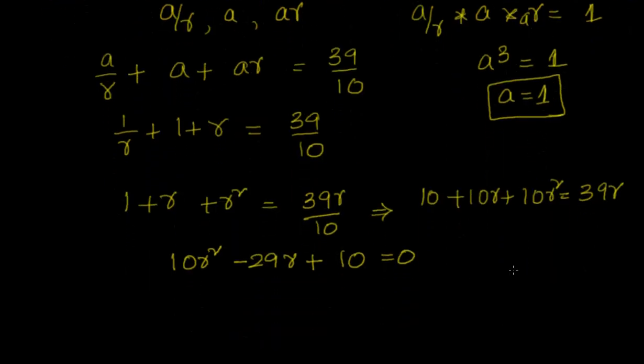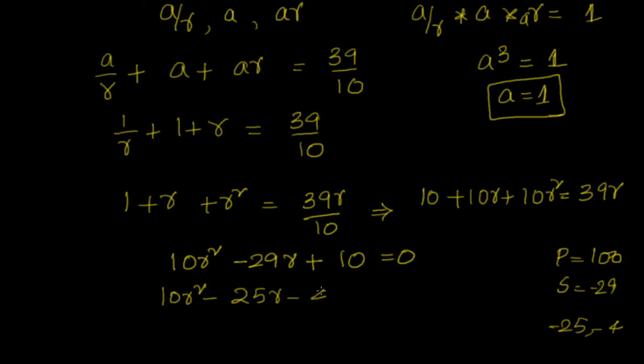So I have to find out the factors now. I have to have product as 10 tens are 100, but the sum should be minus 29. That means I should have two negative numbers so that their product is 100, so can I take 25 and 4, minus 25 minus 4, so that it becomes 29 and product is 100. So I'll go ahead with that and say 10r square minus 25r minus 4r plus 10 equal to 0.